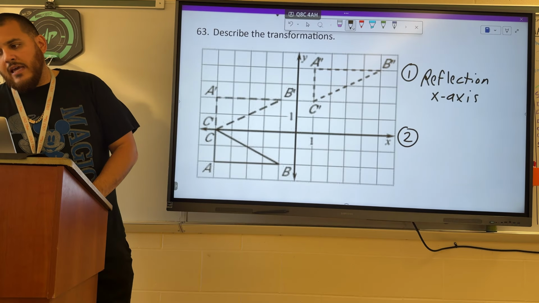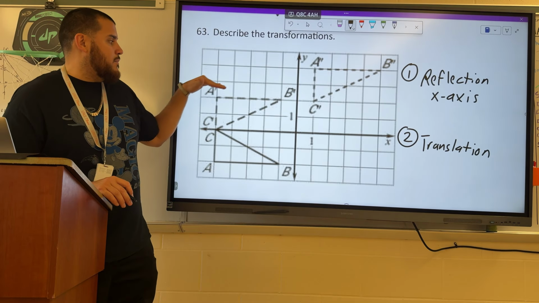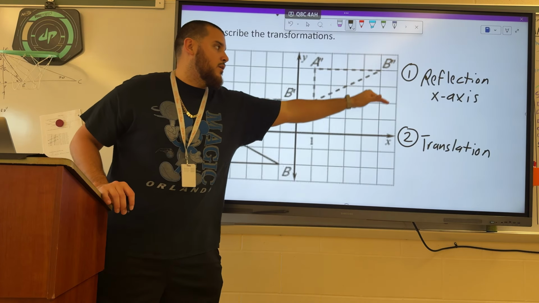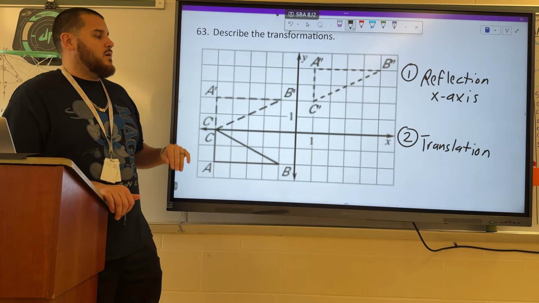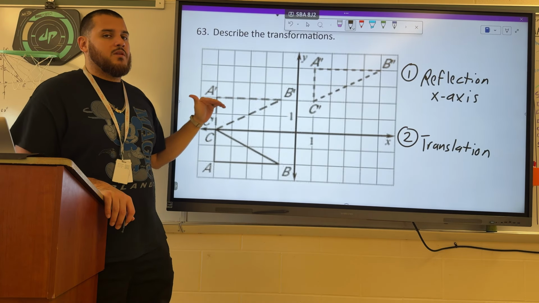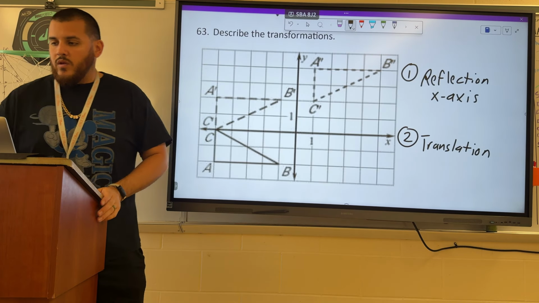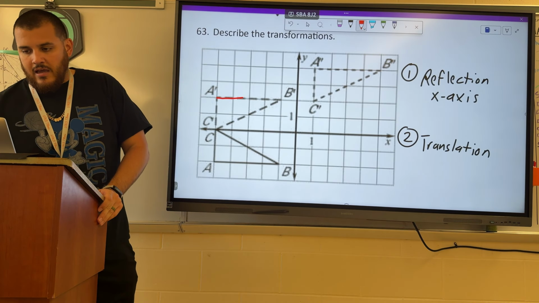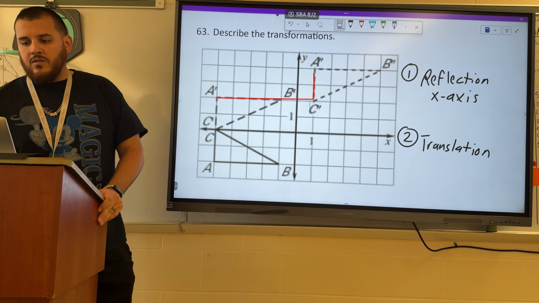And then we're following that up with another translation because we can see that our points A to A prime have gone right and up, B to B prime, right and up, C prime to C double prime, right and up. All our movements here from primes to double primes are going the same distance to the right, the same distance up. And we can count those. We have 6 units to the right, 2 units up for all 3 sets of points.